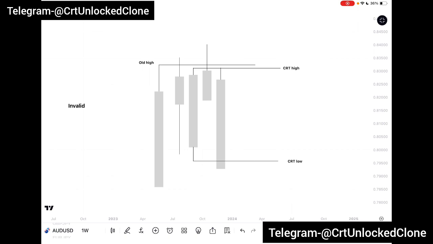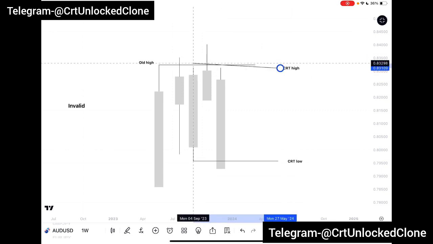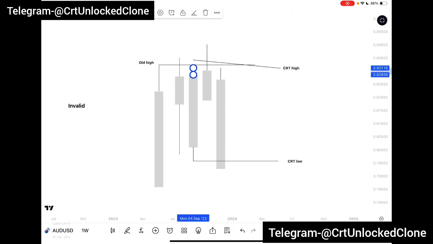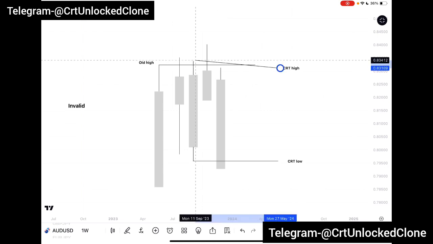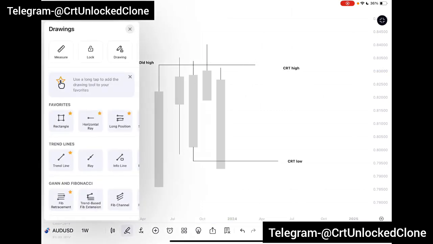Some of you may have the doubt, bro, sometimes even after the random candle, if the CRT candle purges, whether it will be valid or not. Even that is not valid. I will show you guys. Now here, the CRT candle 2 purged the old high.